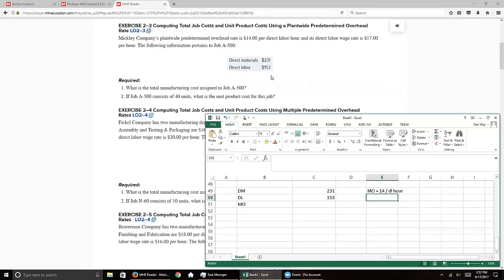I don't know that right off the bat because I only know the total cost was $153, but I do know that the labor wage rate is $17 per hour. So $153 in labor cost divided by $17 per labor hour means this job must have incurred 9 hours in direct labor. Okay, nice even 9.